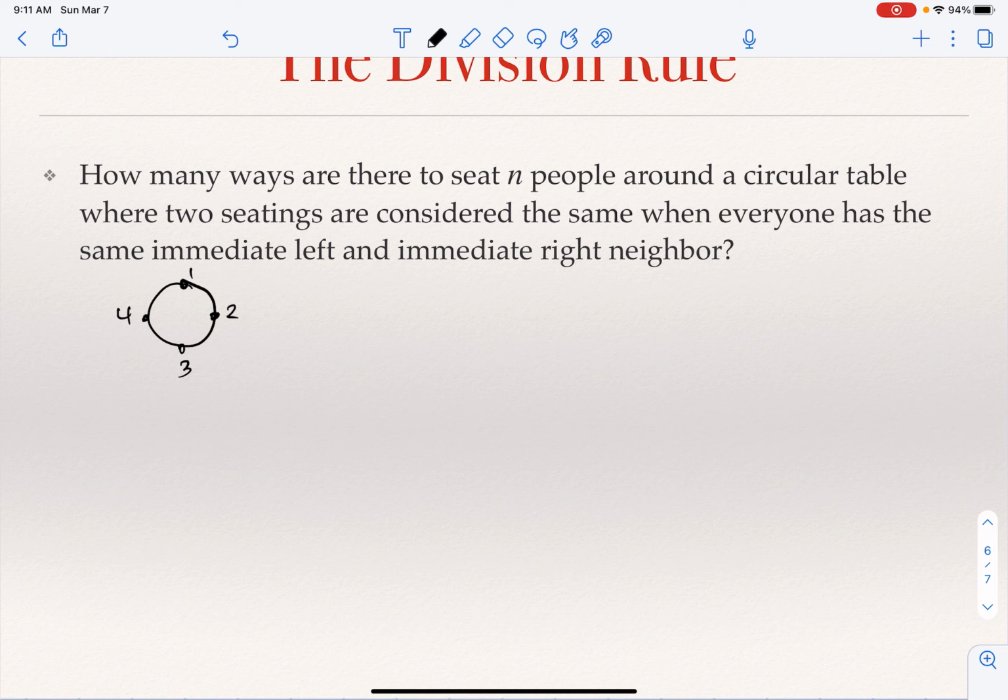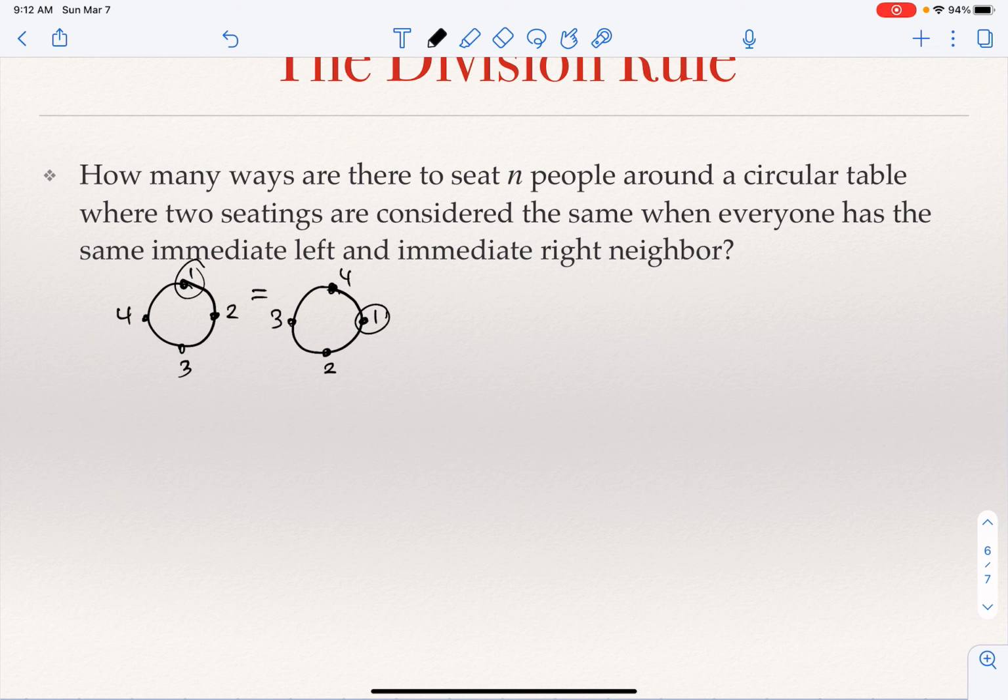In other words, if I look at this seating here, if this is 4, and this is 1, and this is 2, and this is 3, these are the same seatings. They are equal. Because take, for example, 1 here. From one's perspective, to their right there is individual 4, and to their left, individual 2. Look at 1 here. To their right, it's individual 4.